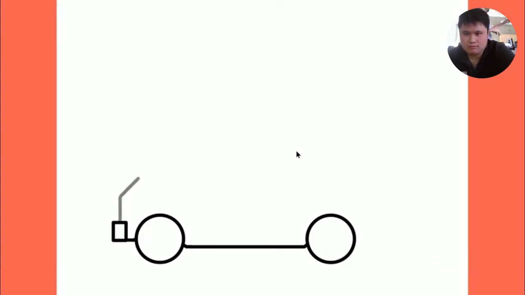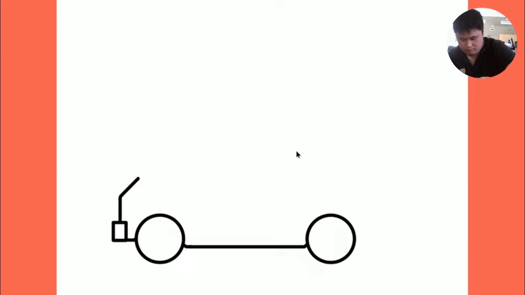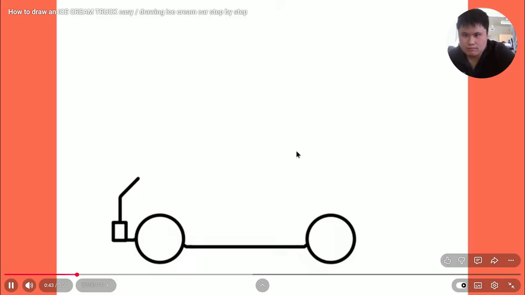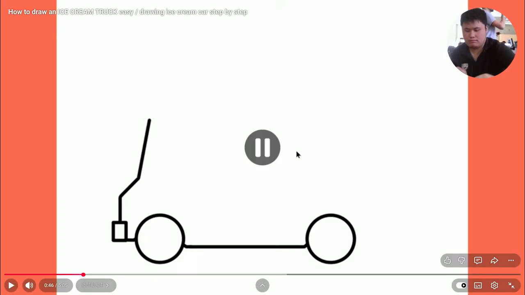Now, normally when you take a picture, the computer decides what the main focus is. When you move your camera around, you see that yellow box popping up? That yellow box is the focal point of the camera.